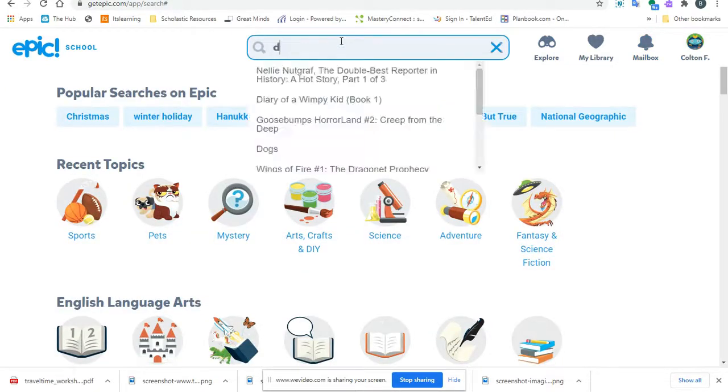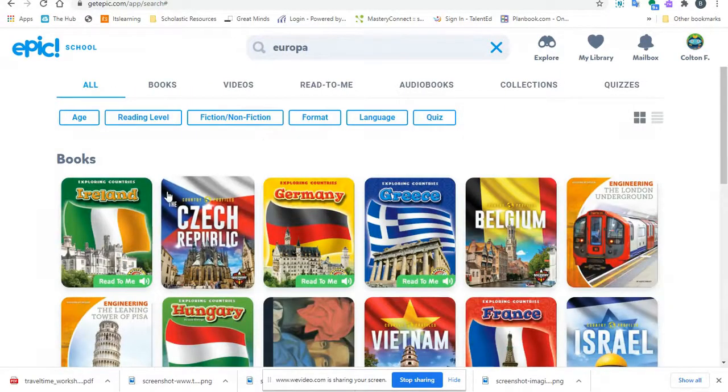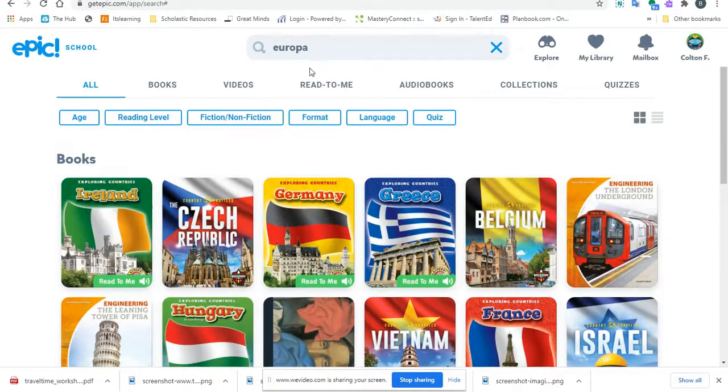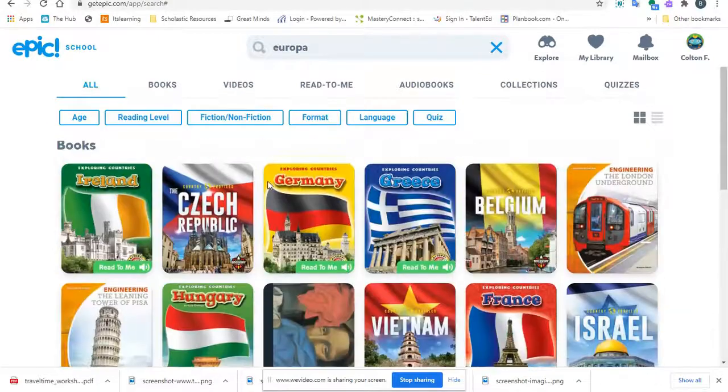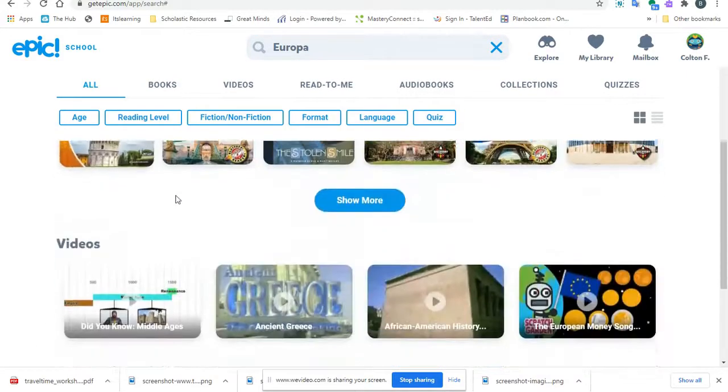So if I chose to do Europa, which is a moon of Jupiter, well then I just search Europa. I think I spelled it wrong. Let's see if I can spell it right. So if I search up Europa, I should be finding some things in here.